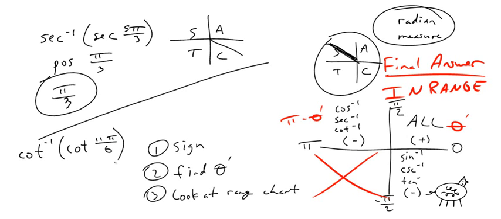The first thing we're going to do is say, where's 11 pi over 6? We'll use this chart up here. 11 pi over 6 is the same place over here. Isn't it the fourth quadrant? So isn't it negative? Cotangent is negative. And what's the reference angle? Pi over 6. If I go to my chart, cotangent is in the second quadrant when it's negative. So isn't it pi minus pi over 6? So my answer to this problem is 5 pi over 6.